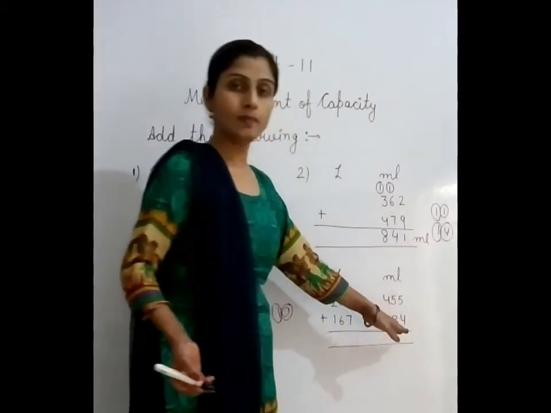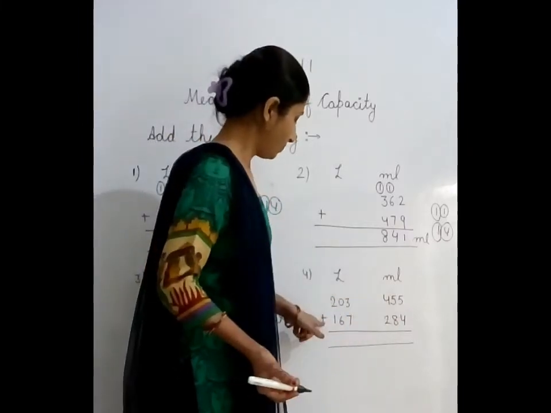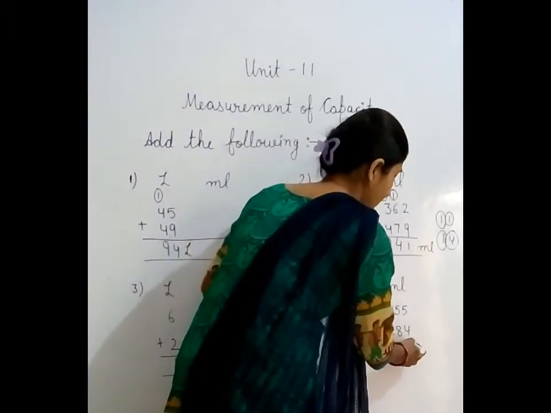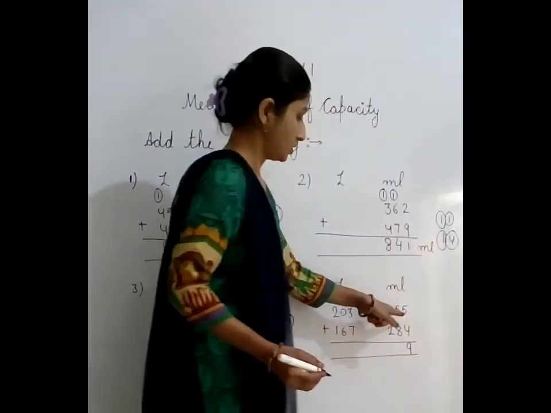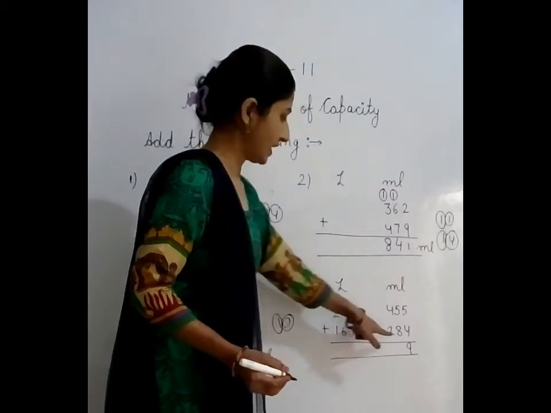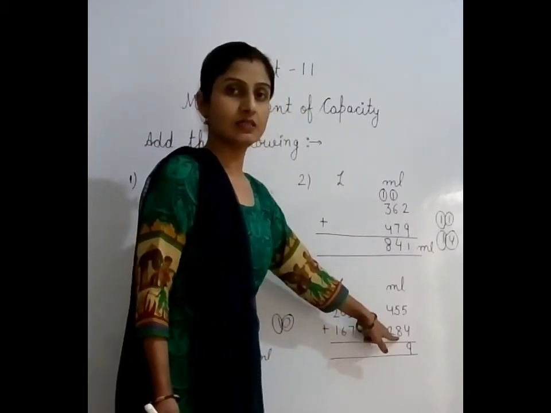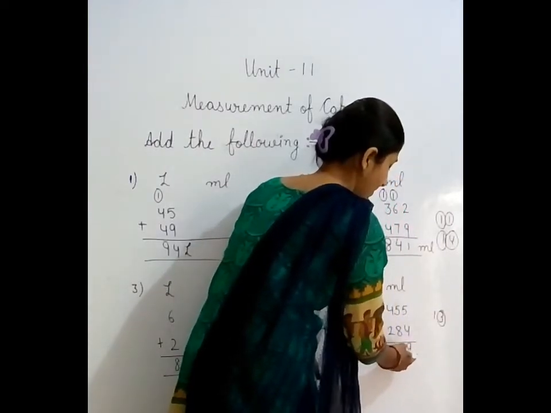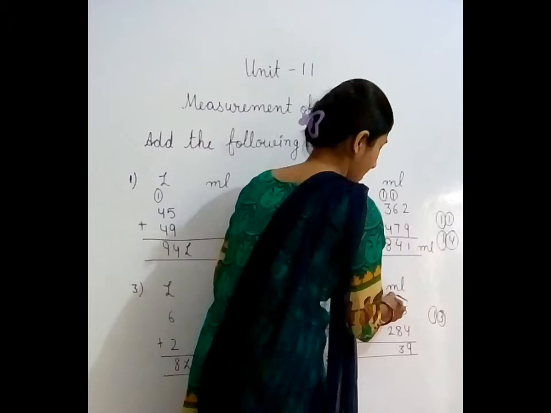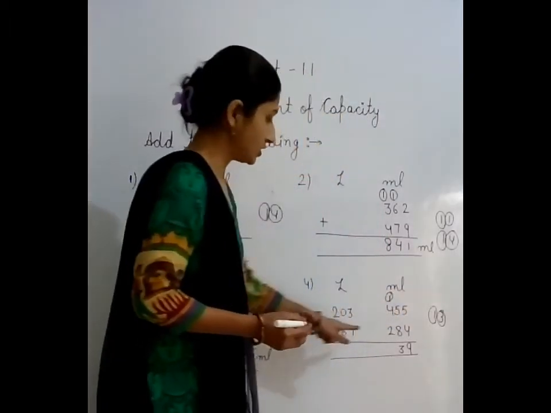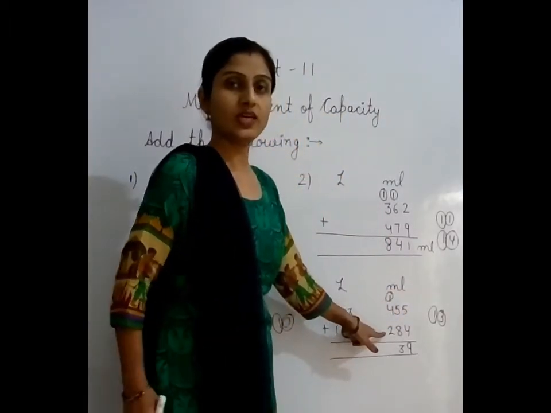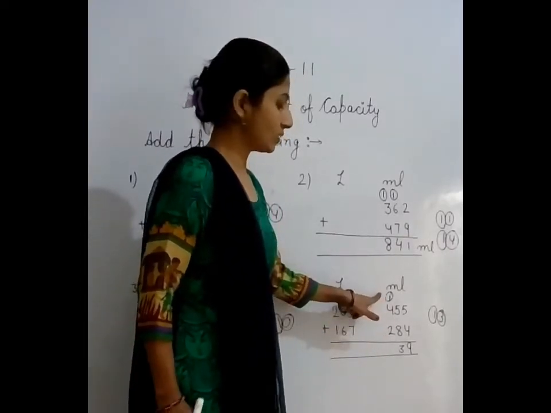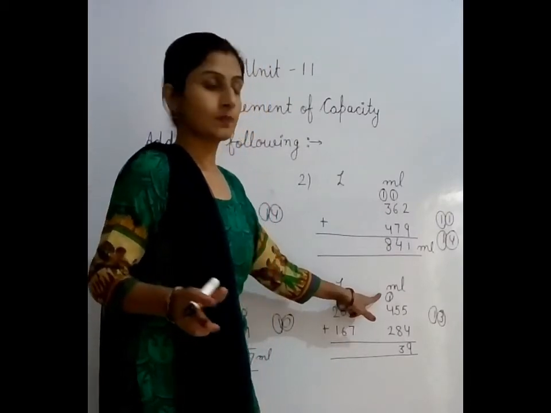See the next one. Start addition from milliliter side. 5 plus 4 is 9. And 5 plus 8. 5 plus 8 is 13. So, this 3 we write here and this one is carry over here. 4 plus 2. 4 plus 2 is 6 and this 6 we add this one. So, 6 plus 1 is 7.